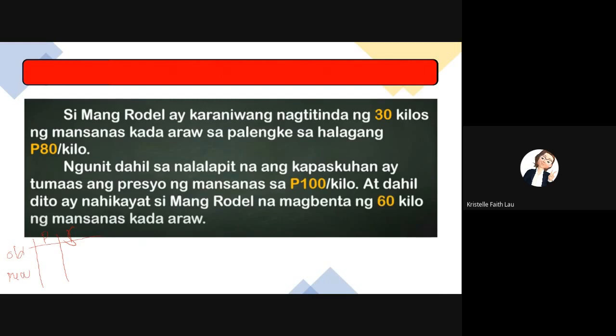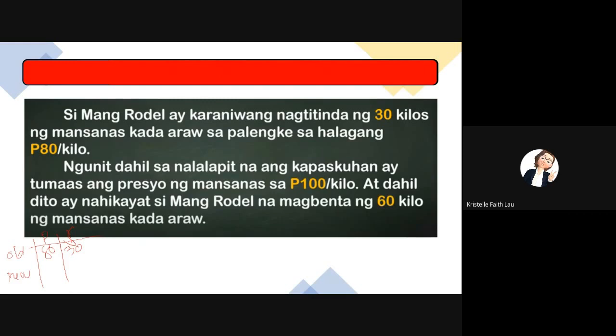Alright, so si Mang Rodel ay karaniwang nagtitinda ng 30 kilos na mansanas kada araw sa palengke sa halagang 80 kilos. So this will be the old price and the supply. So 80 pesos for the price and 30 kilos ng mansanas or apples.